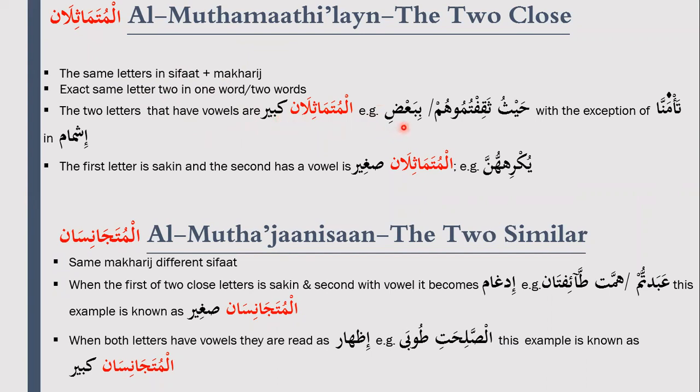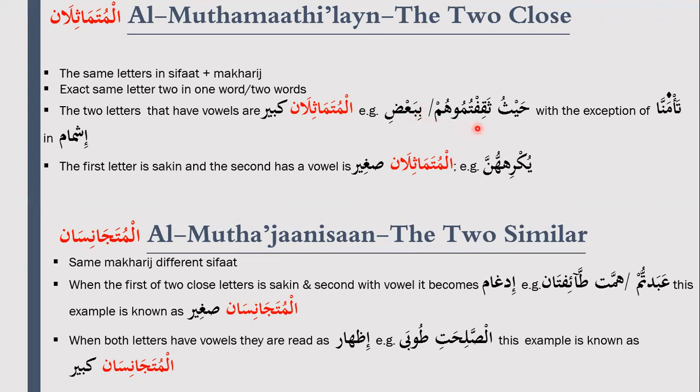If we look at this example in one word, it is a reoccurring letter. So we have 2 bas: bi, ba. Both the first and the second letter are voweled. It doesn't matter if the vowels differ as long as the letter is the same. The first ba comes with a kasra and the second ba comes with a fatha, which is acceptable.